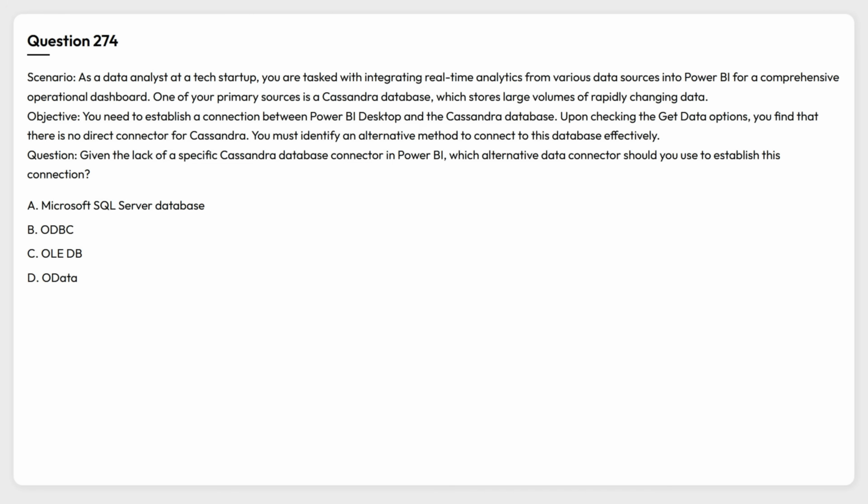Upon checking the Get Data option, you find that there is no direct connector for Cassandra. You must identify an alternative method to connect to this database effectively. Question: given the lack of a specific Cassandra database connector in Power BI, which alternative data connector should you use to establish this connection?